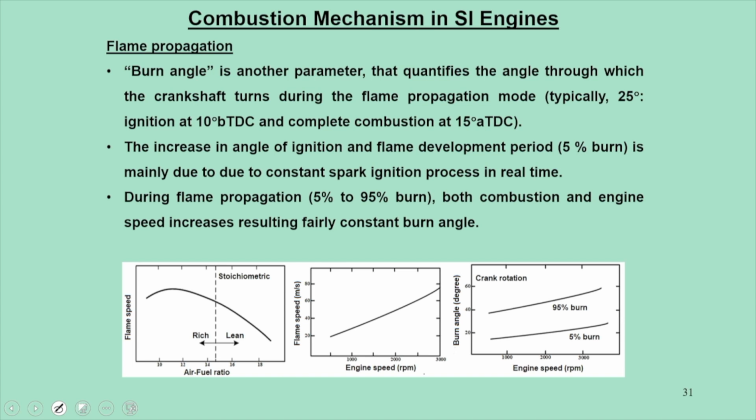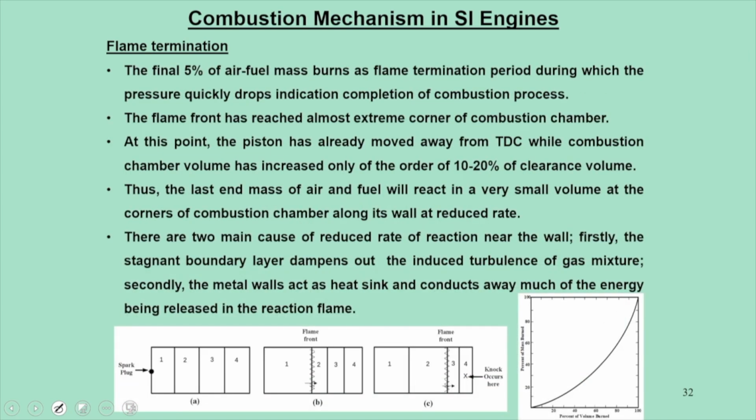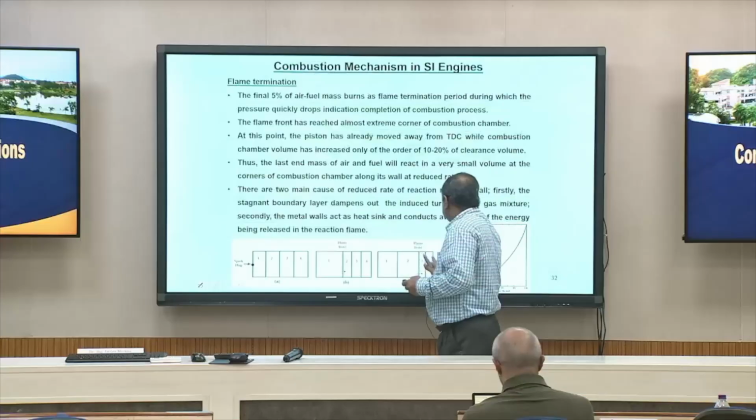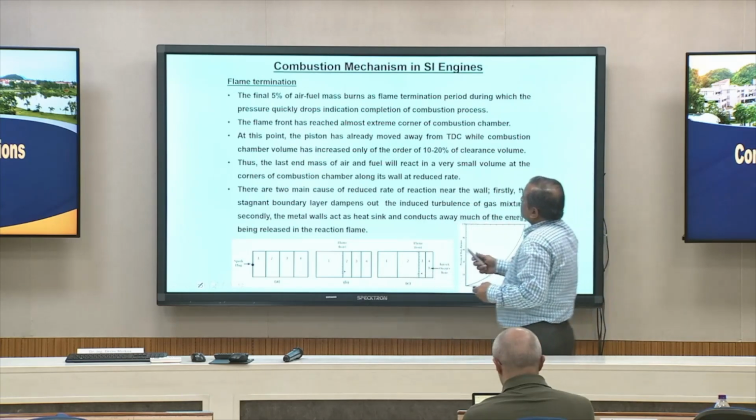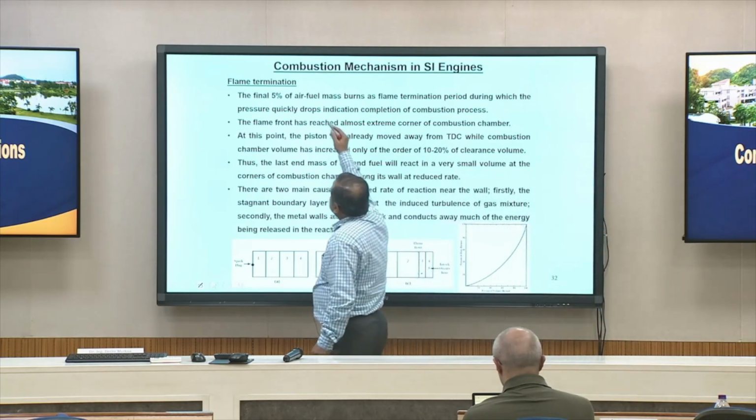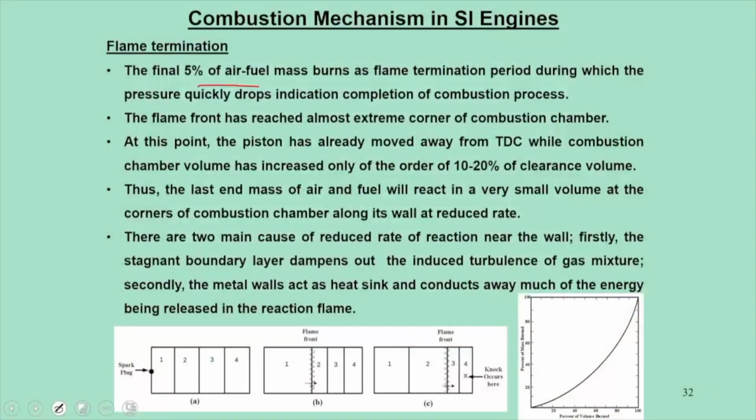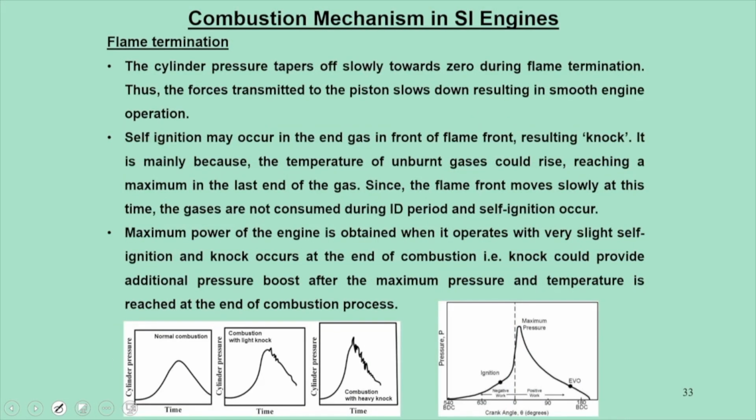Then in the final case, the flame has to be terminated. This happens when the flame reaches here, and during this phase the last 5% of the fuel air charge gets consumed.